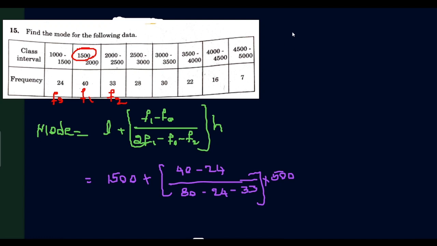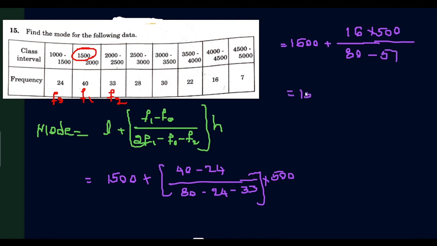Let's simplify all these values. Then it will become 1500 plus, so 40 minus 24 is nothing but 16, by 80 minus, 16 into 500 by 80 minus, here we have the 7. Got it?